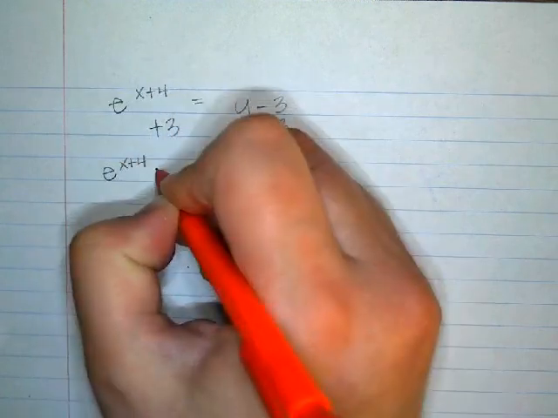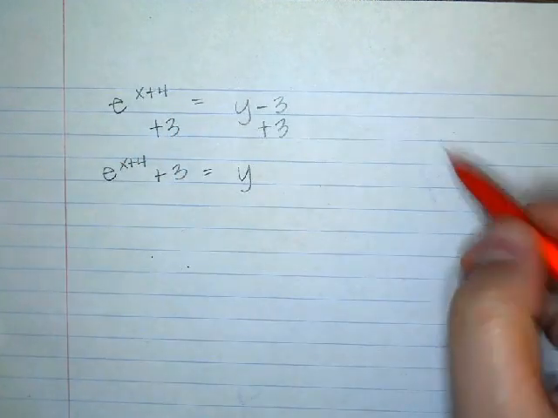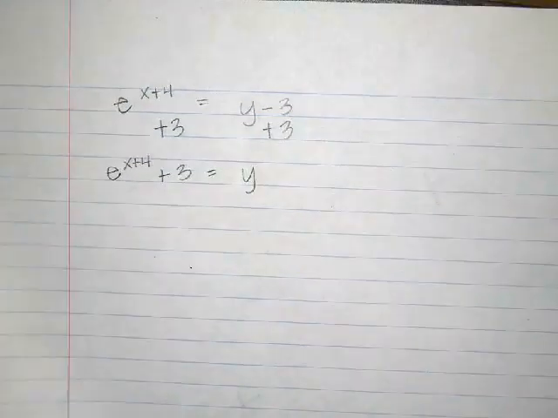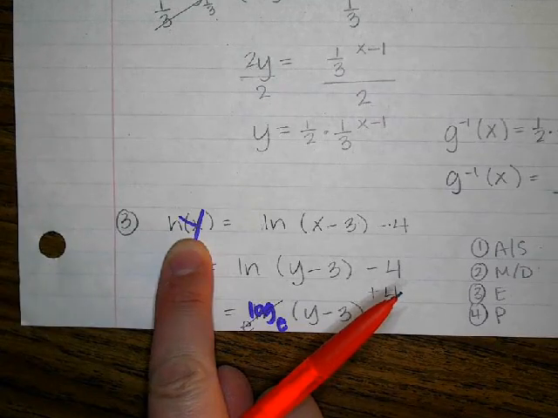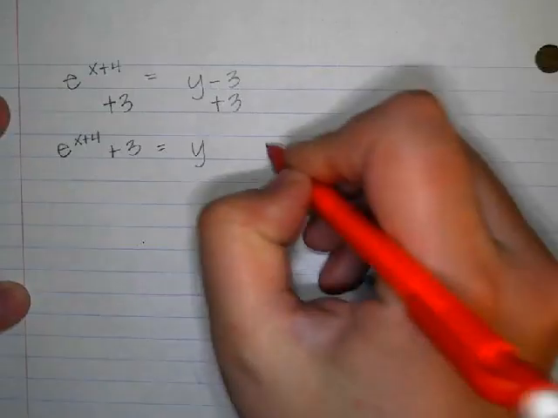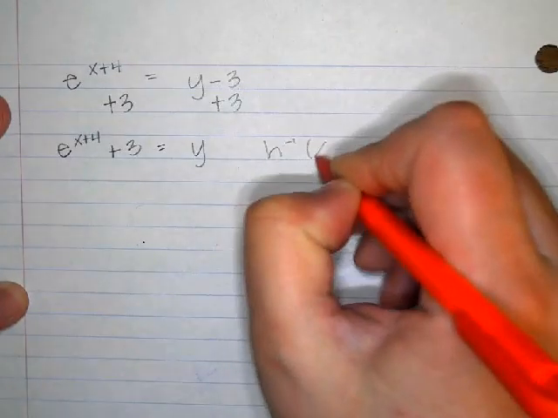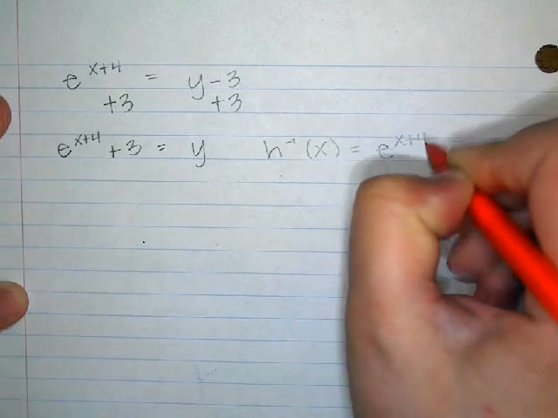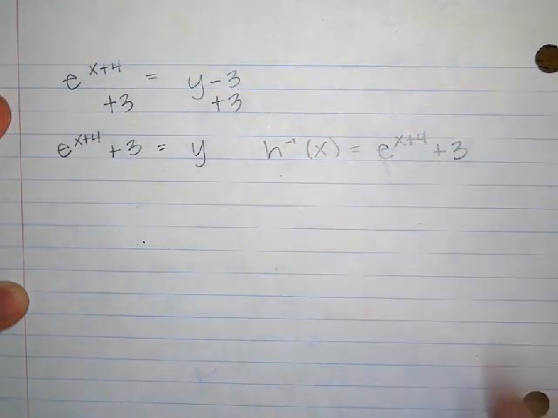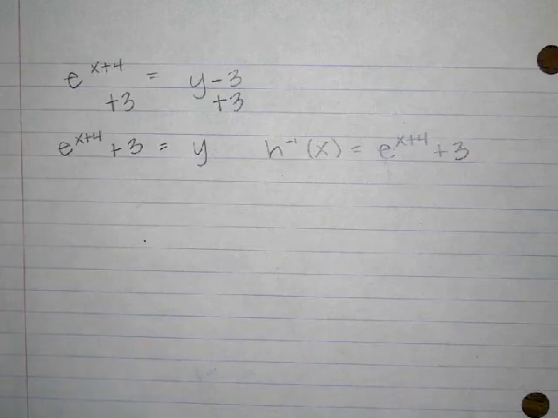Okay. Now I have the y here, but the problem really is going to be h inverse of x because that was the original notation. So h inverse of x is e to the x plus 4, plus 3.